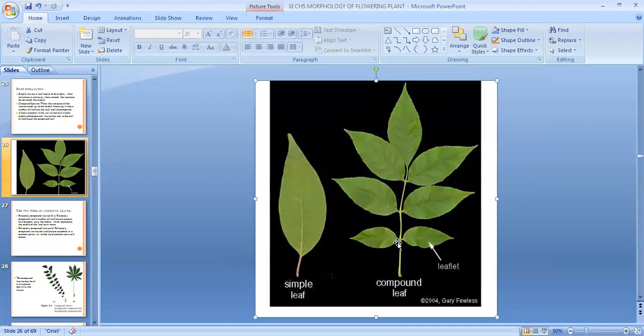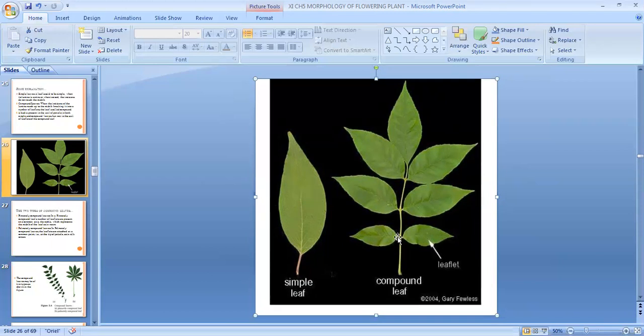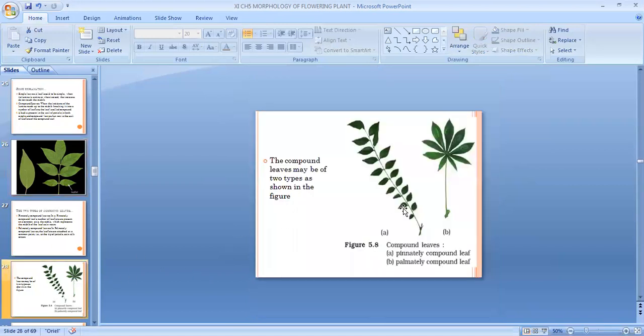The bud is present at the axil of the petiole in simple leaf as well as in compound leaf. But at each leaflet, there will be no bud in a compound leaf. And as I told you, compound leaf is of two types, either pinnately compound or palmately compound.